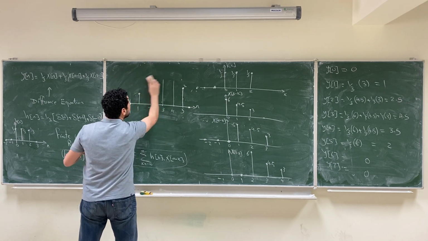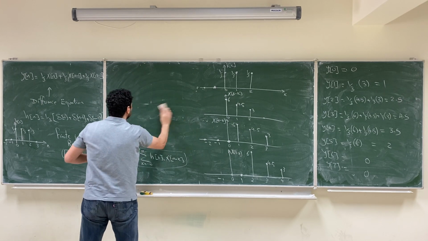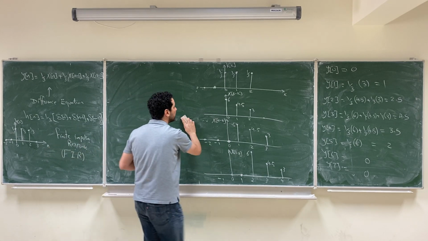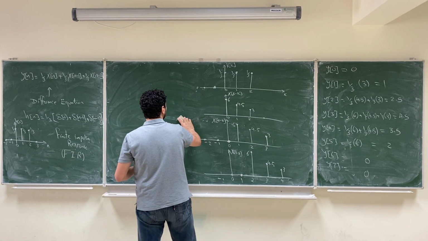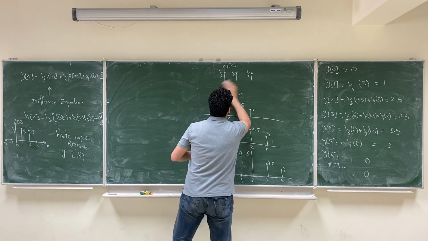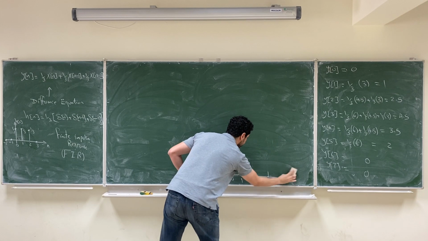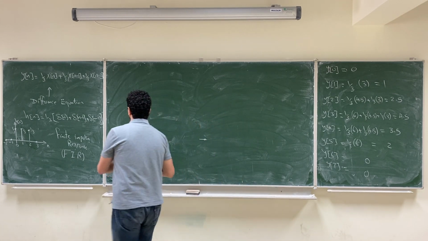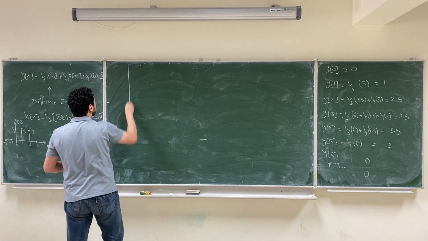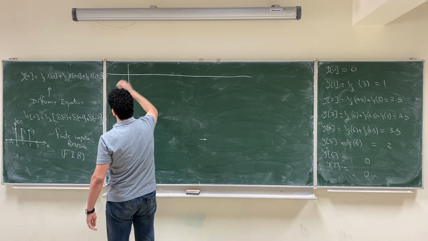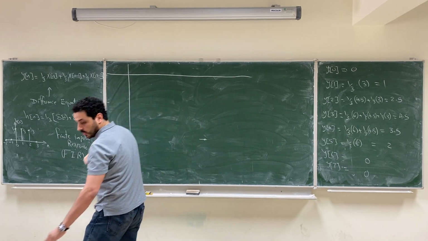I'm sorry I moved the signal, but anyways, we have the results there. I'm going to show you another method to solve the convolution. We can just make a table and write numbers. For example, we can make a table here and say this is instant minus, what was x?